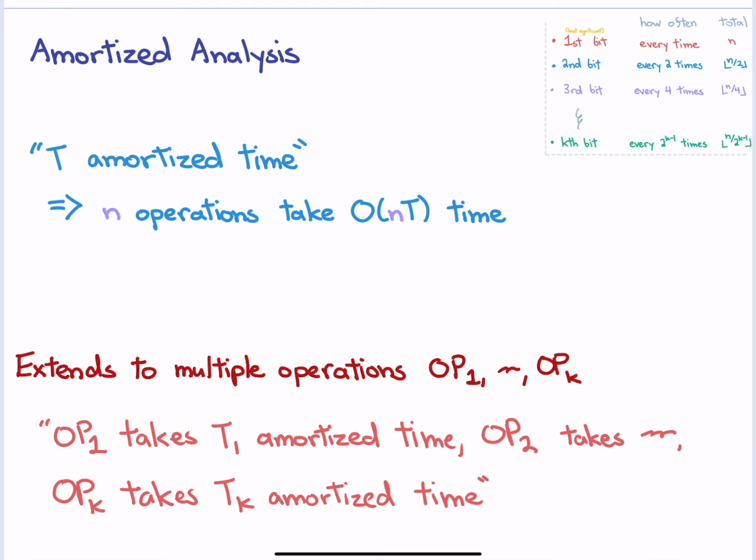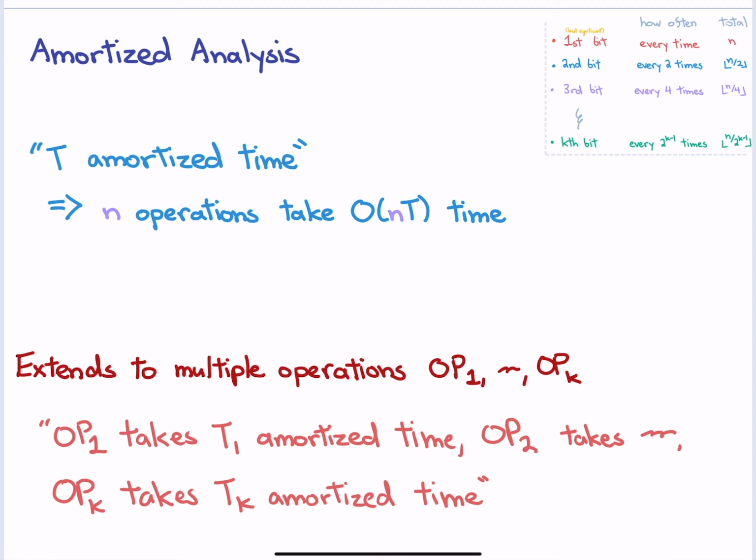So in the binary counter, there's only one operation, but we're going to have data structures that have 3 or 4 different operations: insert, delete, lookup, maybe a handful of different operations. And I might say, this operation takes constant amortized time, and this operation takes log n amortized time, and this operation takes log n squared amortized time.